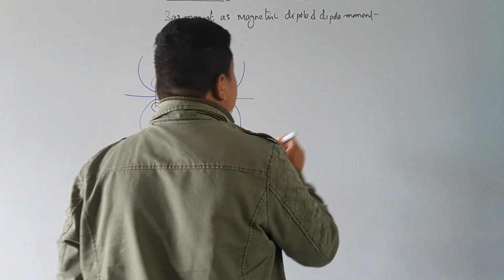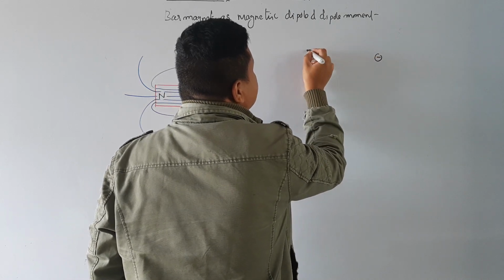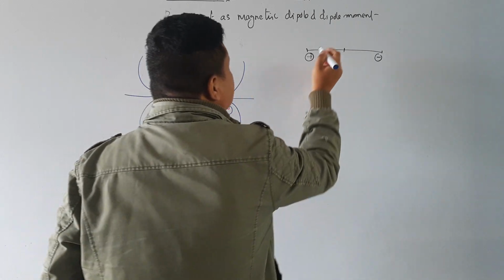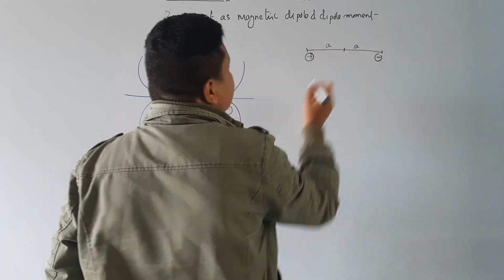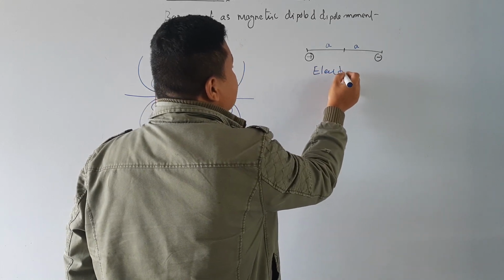So we had it like this, plus Q and minus Q separated by a small distance, and we have already called this distance A and A. So this is my electric dipole, isn't it?